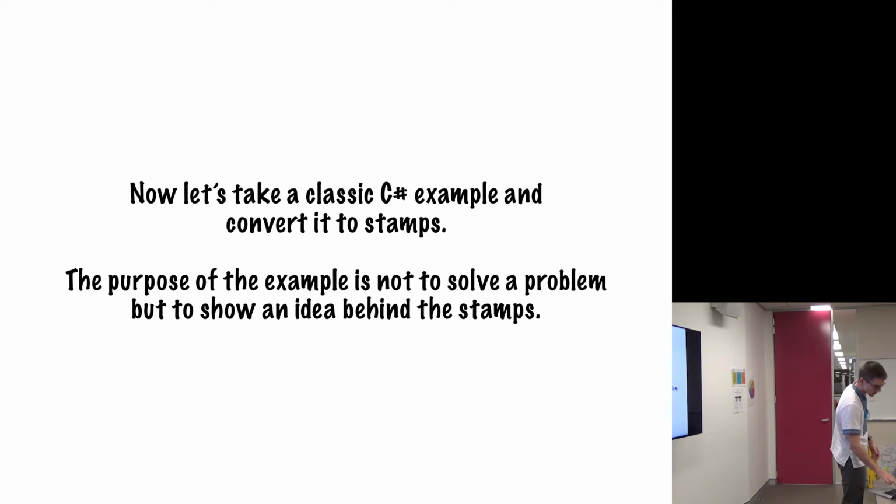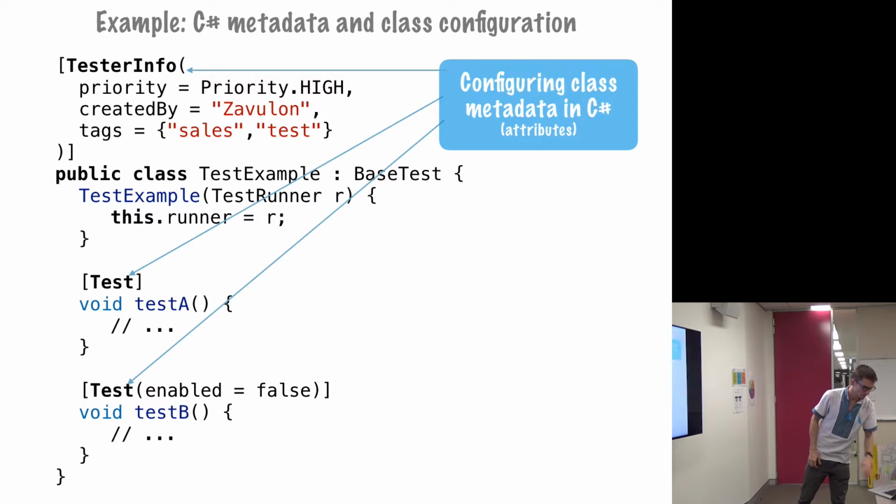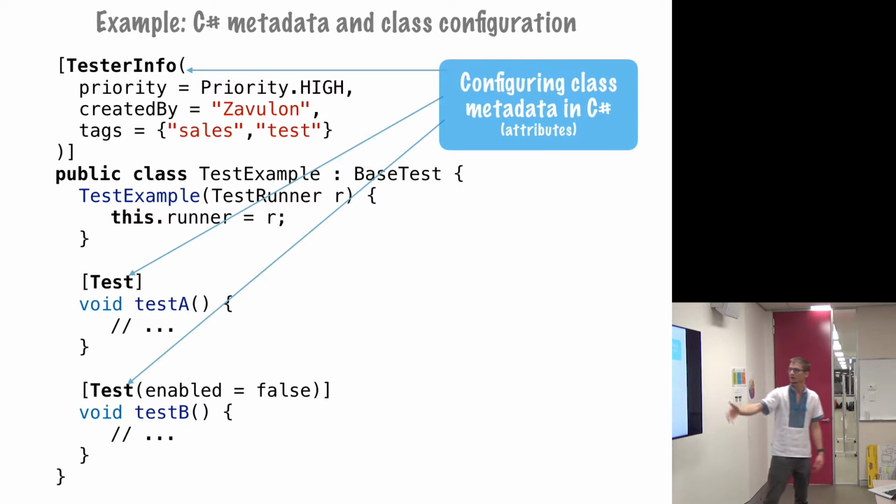Now, let's take a look at a classic C# example, just a simple class. And I will convert it to stamps, but please don't read what the code is actually doing. It's irrelevant. It's just a random example from the internet. Just understand the idea behind it, please, if you can. So this is a classic class, right? We are configuring the class with some metadata, which are the attributes over there. You see these two up there.